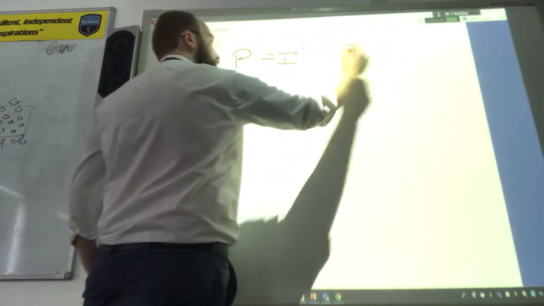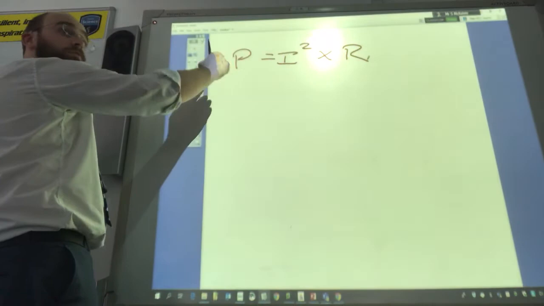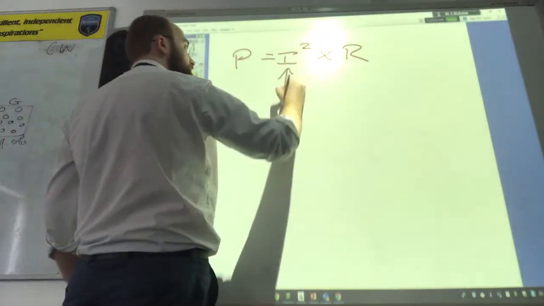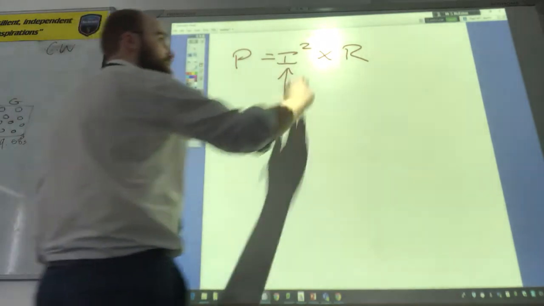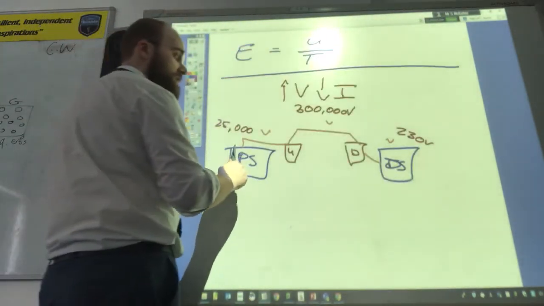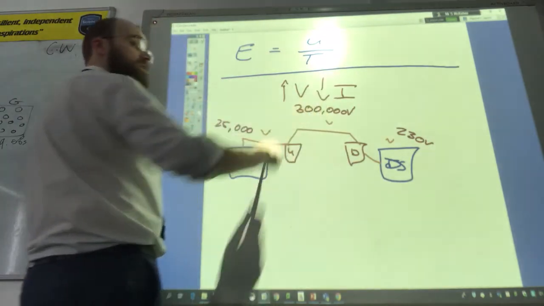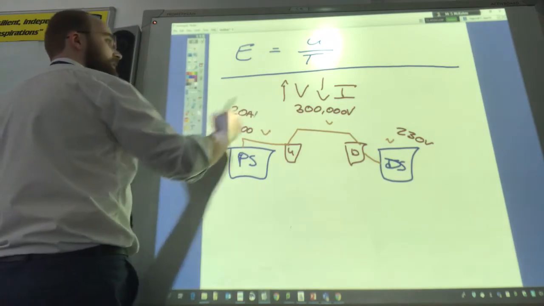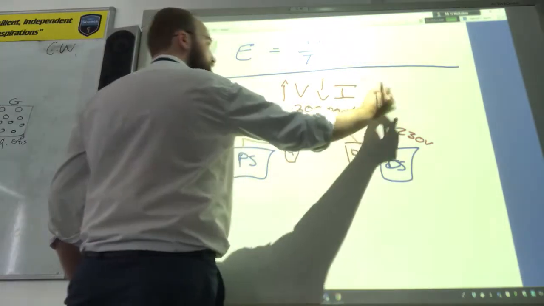The amount of power lost in a transmission wire, so this is just in the transmission bit, is equal to the square of the current multiplied by the resistance. Why do I change the voltage? It's so I can decrease the current. Let us say I had 20 amps of current here, and then that changed to 2 amps of current here.